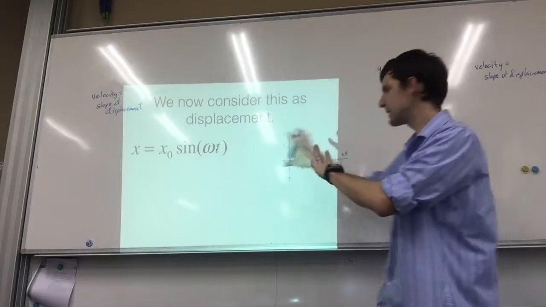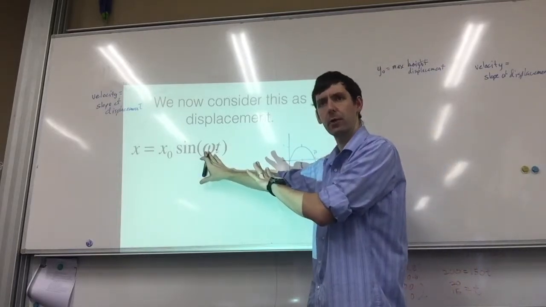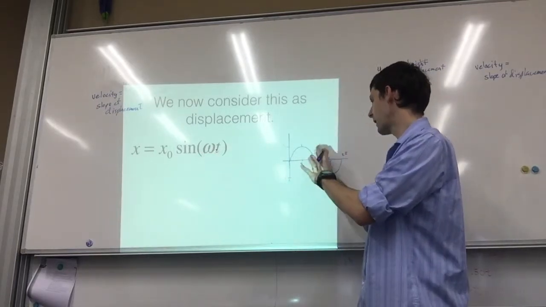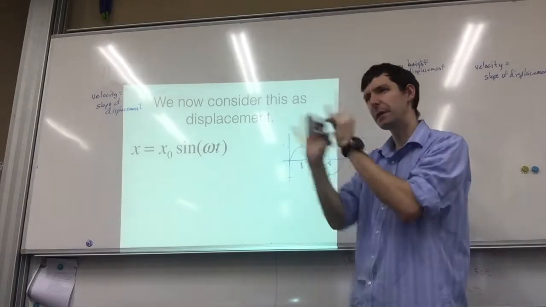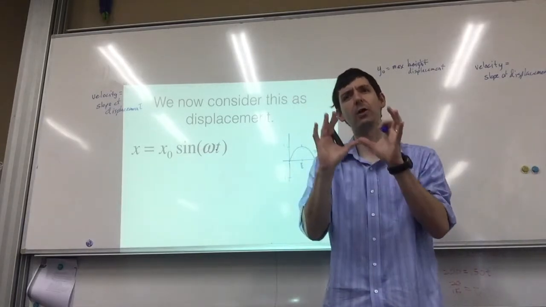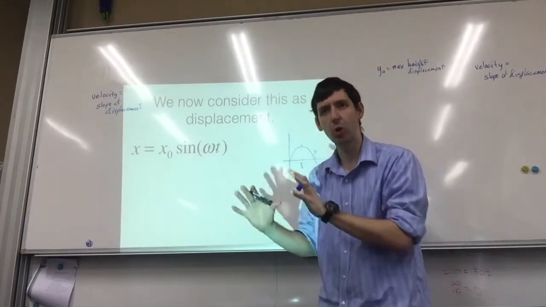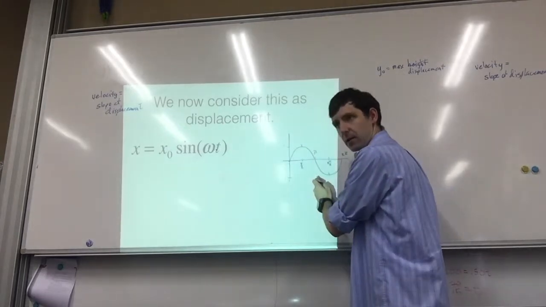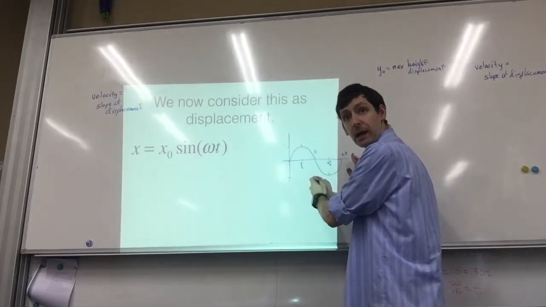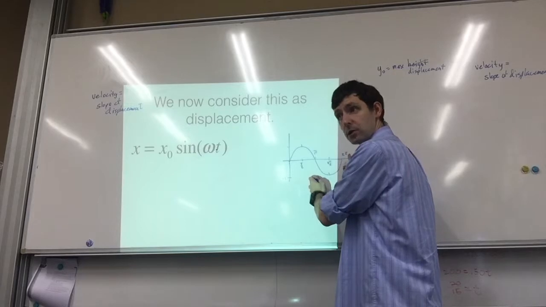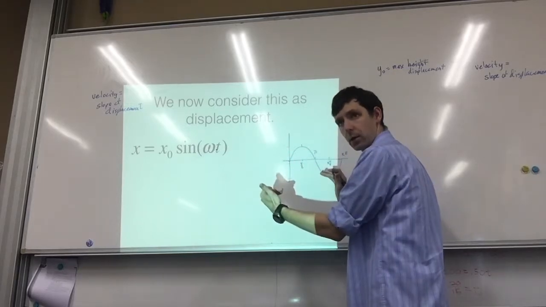Now, I recognize that the period is going to be different, so it's not really going to match up with pi over 2, pi, 3 pi over 2. But the important thing is we want to figure out what the slope of this graph would be. Now, that's going to be difficult because there's a whole lot of slope going on there.